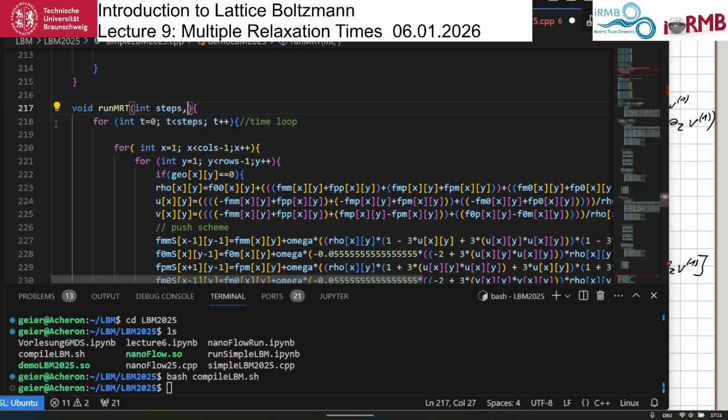We'll have floats omega p, and a float for the third order, because even though we learned something about isotropy, none of this matters in 2D.